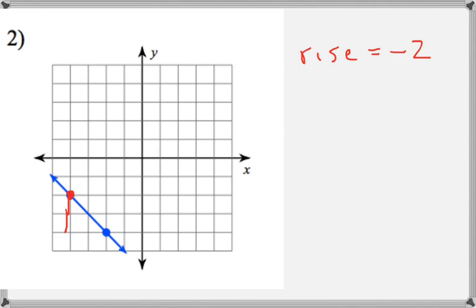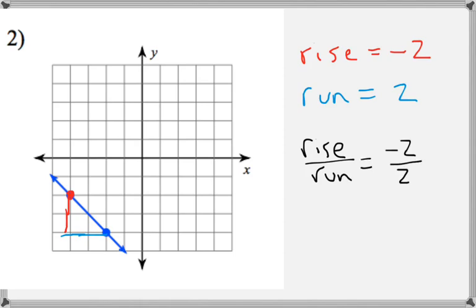How far from where I'm at now do I need to travel in order to get to our next point? I would need to move in the positive direction 1, 2 spaces. So my run is a 2. So our slope is always rise over run. So we put our 2 pieces together and we get a negative 2 over 2, which would simplify to a negative 1 for our slope.